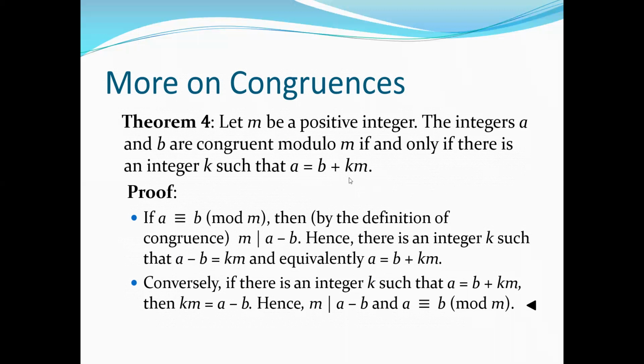Also, just to prove it the other way, we have this equation a minus b equals km, so we transfer b to the left side and have a minus b equals km.